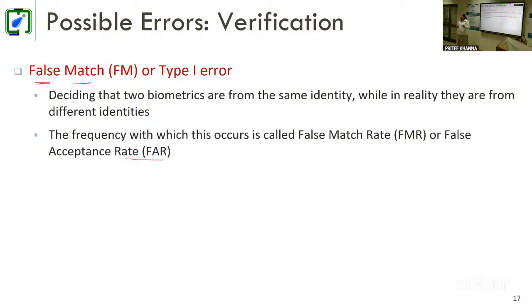My system is saying that it is a match, meaning these two templates are from the same user, but in reality they are from different users. With the frequency this is happening, that is called false match rate or false accept.